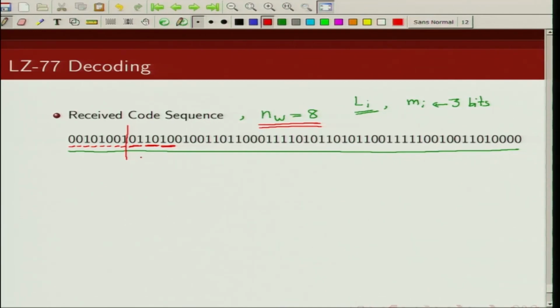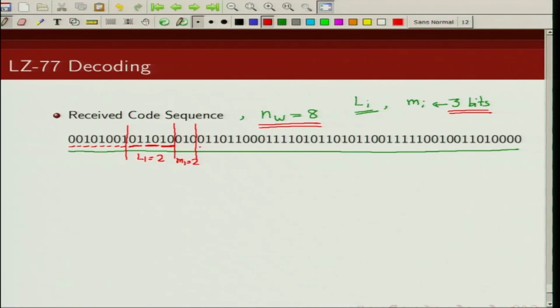That is 1 0, so L1 is 2. After I encode L1, I use the next 3 bits to encode M. M1 is 2, 0 1 0 is 2.